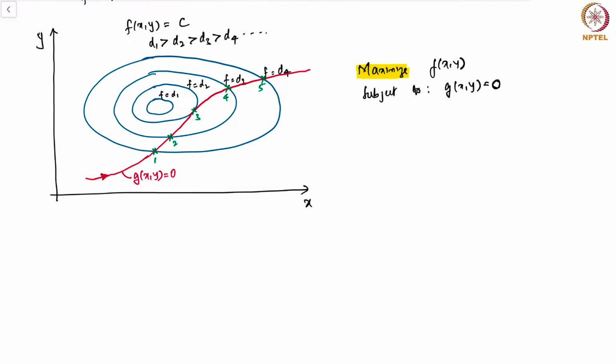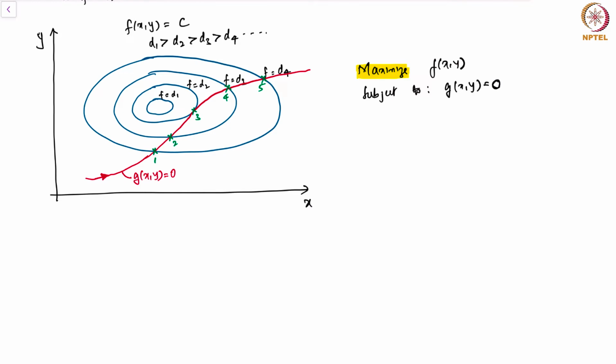For example, in 1 and 2, you can clearly see that at point number 1, where g of x comma y equal to 0 and f of x comma y is equal to a constant, you shouldn't stop there, because if you go a little further along the constraint g, the value of f is increasing. So clearly 1 cannot be a maximum.